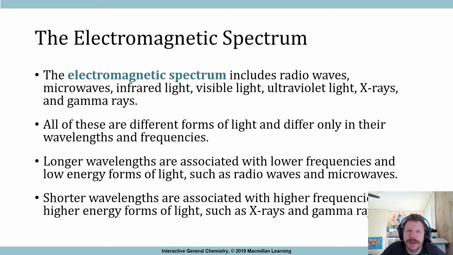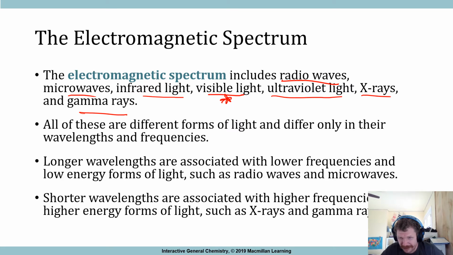All right, the electromagnetic spectrum includes a number of different things. It includes radio waves, microwaves, infrared light, visible light, which is where we generally are going to stay, ultraviolet light, X-rays, and gamma rays. All of these different forms of light differ only in wavelength and frequencies. It's the exact same thing, but it's either going very fast or it's going slow and over a long wavelength.